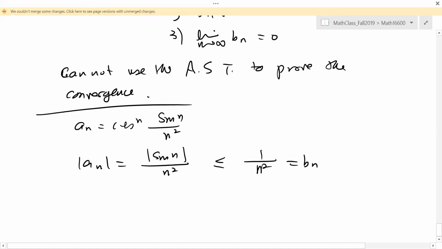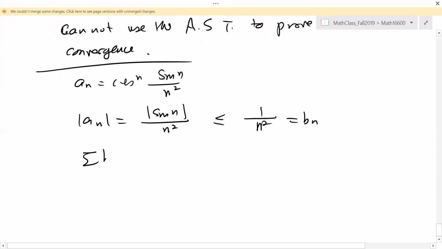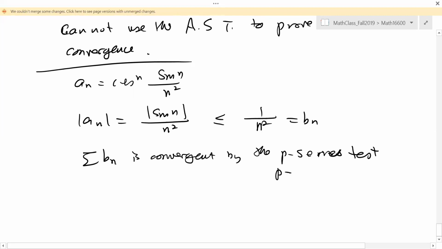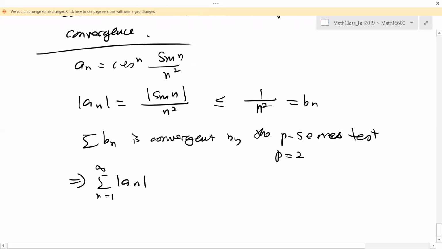But this one is going to be less than this. That's my Bn. Now Bn is convergent by the p-series test. Okay, p is going to be 2. This implies this series with non-negative terms is convergent by the comparison test.